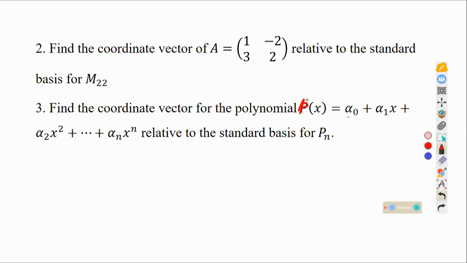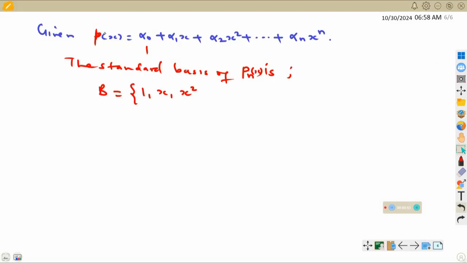To look at this, the most important thing is first of all to know what the standard basis is for the P of n space. We are given p of x to be equal to this, which means it is obtained from the P of n space, and the P of n space has dimension n, so the basis must consist of n elements.